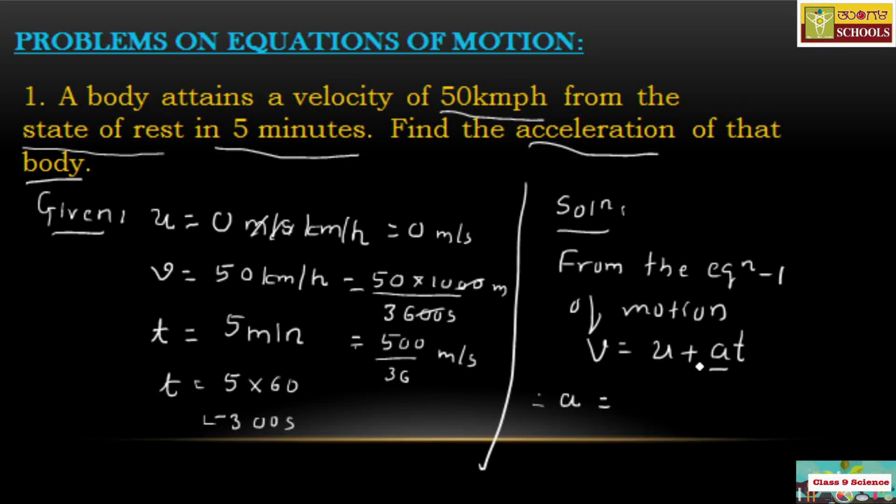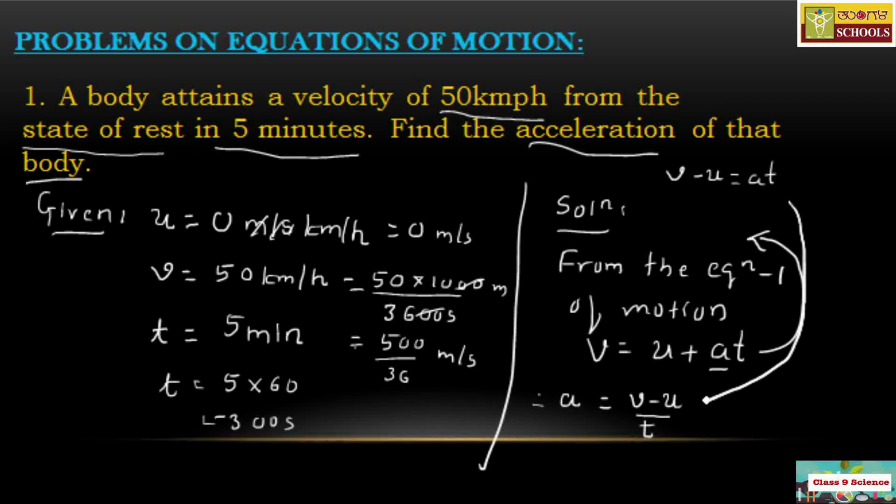Therefore A is equal to V minus U, and T is left out here and sending on this side. Therefore A is equal to V minus U by T. So just for your further simplicity, you write like this: V minus U, which is equal to AT, and hence you can write directly to this.